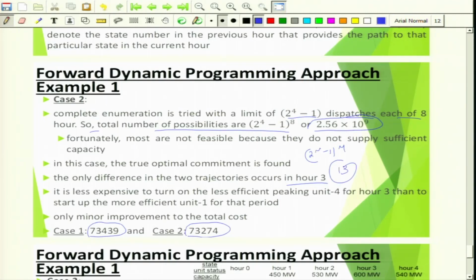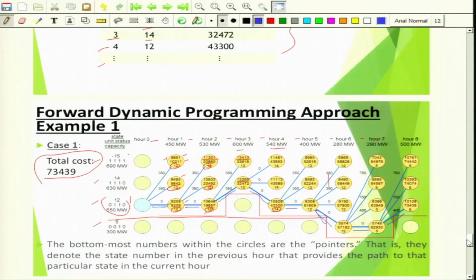You understand? From 12 to 14 we switched over at hour 3. Now when you consider all the possible combinations, you understand that you need not go from 12 to 14, it's better to go from 12 to 13.